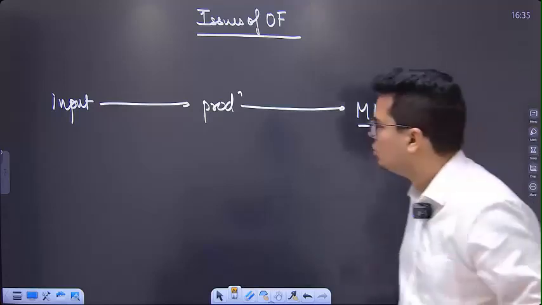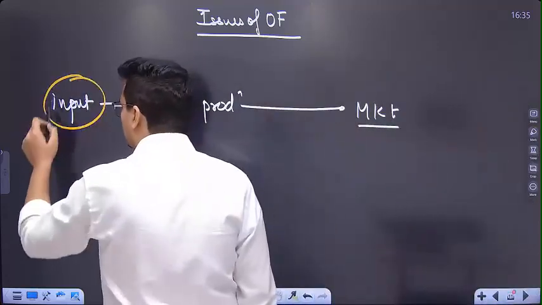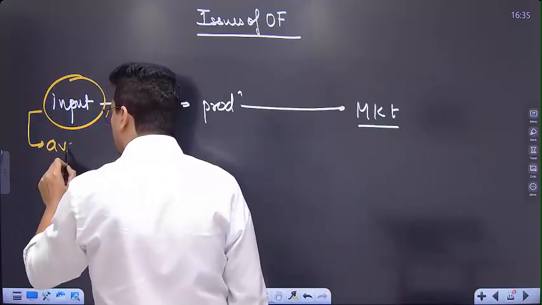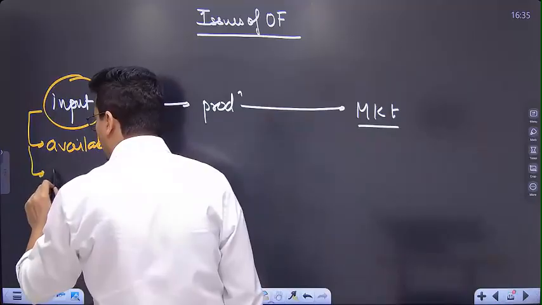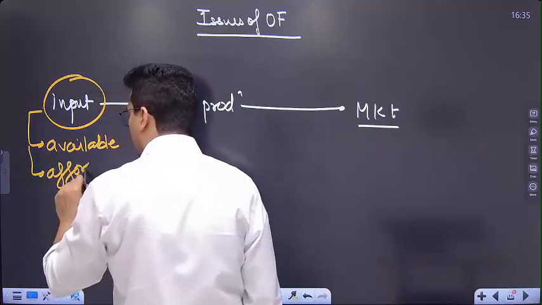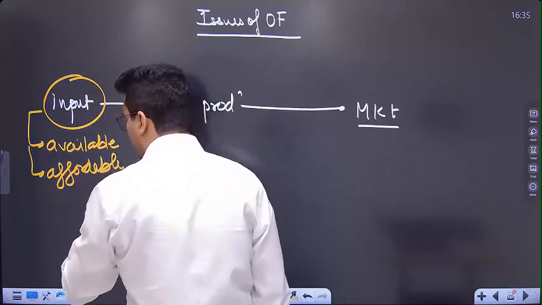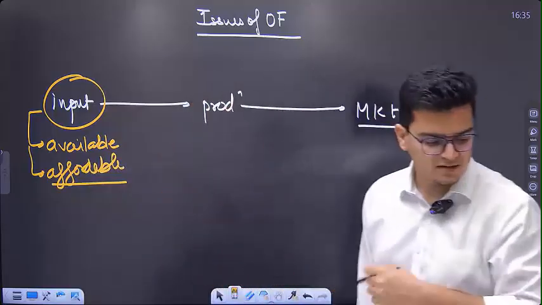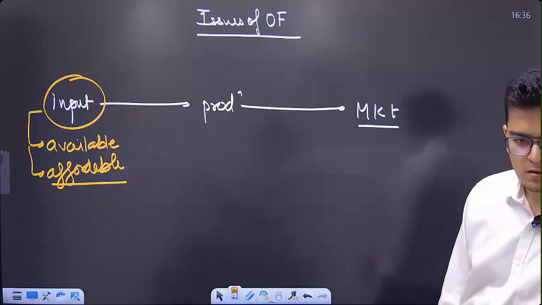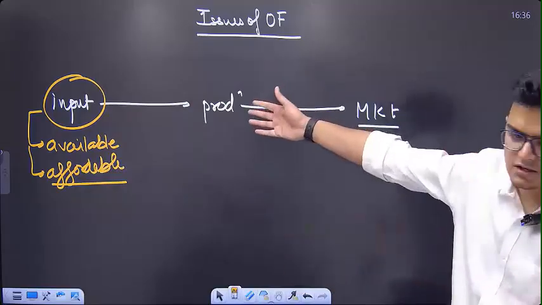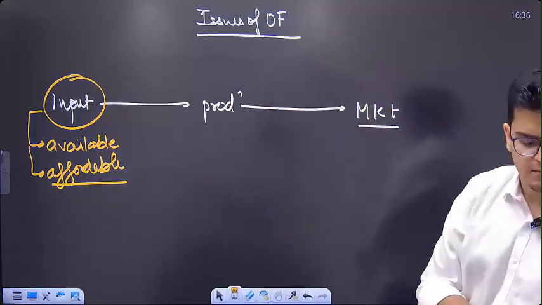Good. Organic inputs need to be available and they need to be affordable. Otherwise, people will not switch. What is the other problem? Certification we will write in production. Certification, of course, is one of the major issues.